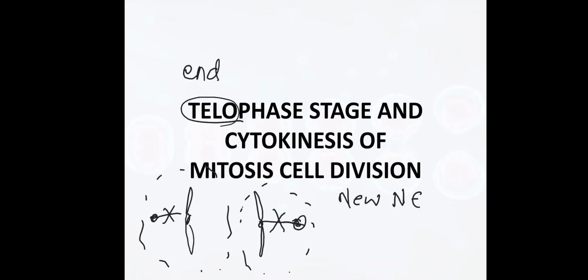The condensed chromatin expands once more. The nucleoli which had disappeared at prophase will start to reappear, and the mitosis is at an end. So there is nothing much important in telophase. It's just a separation and a reformation of the nuclear envelope.